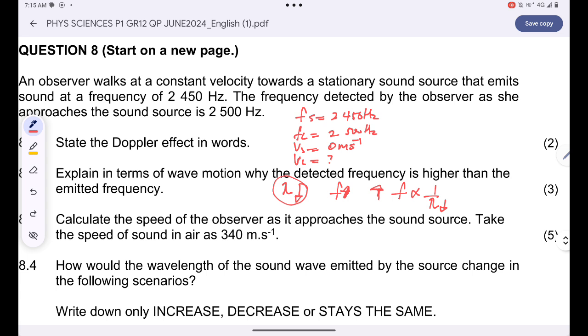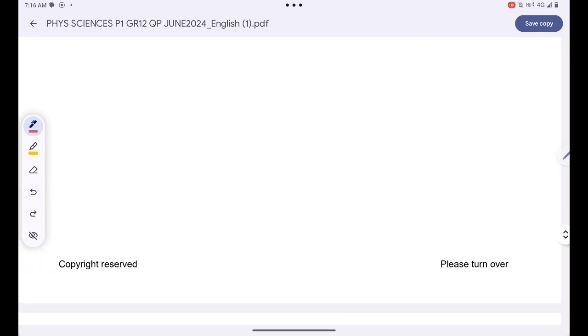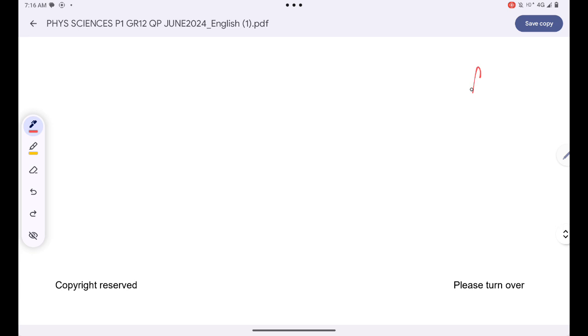Okay. Then now they want us to calculate the speed of the observer as she approaches the sound source. Take the speed of sound in air as 340. We have already established that the frequency of the source is 2450 Hz.